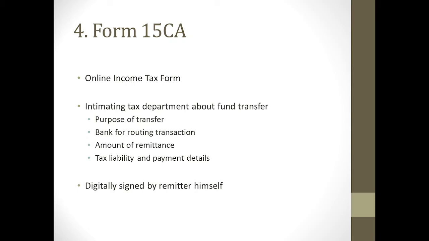The form basically tells what is the purpose of transfer, which bank we are using for routing this transaction, the amount of remittance, the tax liability we need to pay, and how the taxes have been discharged, so that the income tax department is satisfied that you have paid taxes in India and now you are remitting to the NRE account. This form needs to be digitally signed by the remitter himself. So you can make a digital signature and then sign the form, or if you get an Aadhaar OTP, you can use that.